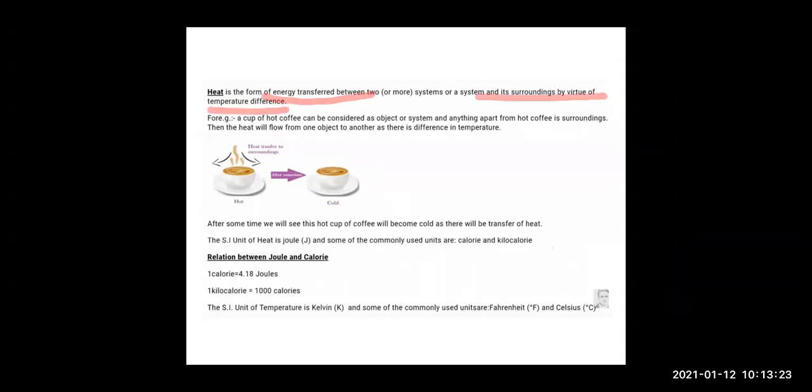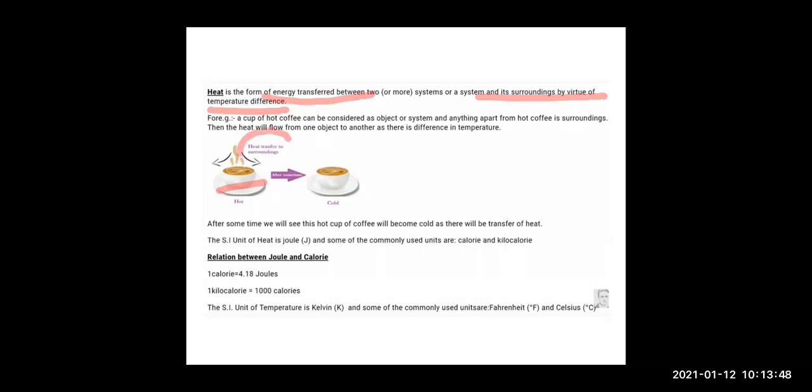Suppose you go to your friend's house and he serves you a cup of hot coffee. It's quite winter, right, children? So suppose you start gossiping and you just forget the cup of coffee. Then after a while, if you pick up the coffee, you will see that the coffee has become cold. Where has the heat gone from the coffee?